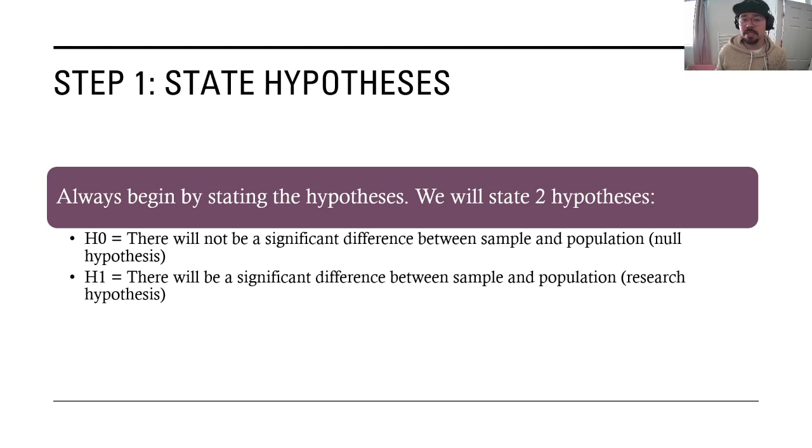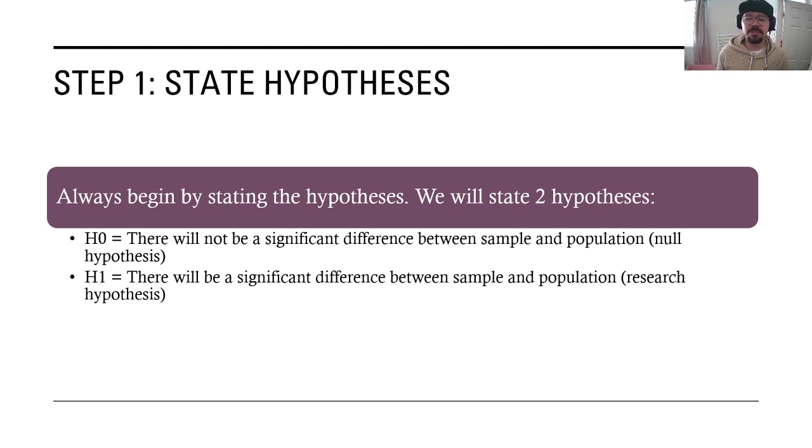And so there's ways in which we determine whether or not there's a significant difference between sample and population data, or if there's not a significant difference. In the null hypothesis, we're saying we don't anticipate there to be a significant difference between the sample and population data. So that's H0.